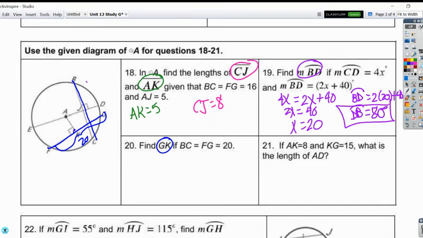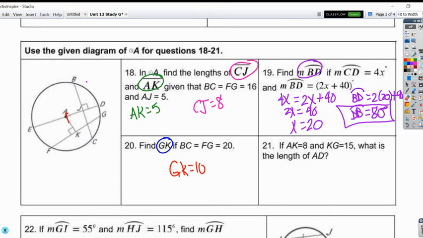And so GK is in here. Again, I know that this chord was bisected into two congruent pieces because the radius came down and intersected it at a right angle. So you're talking about GK being equal to 10. You got a section of 10 and 10 after that radius intersected perpendicularly.